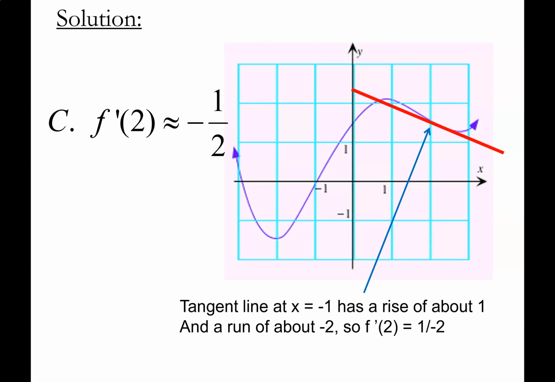Same deal here. F prime at 2. Here's when x equals 2. Again, I draw a rough rise over run here, a tangent line. And I see this goes down about 1/2. So it goes down 1/2 and over 1.